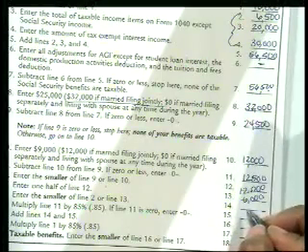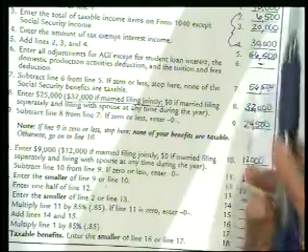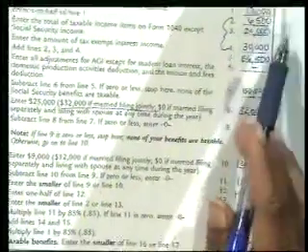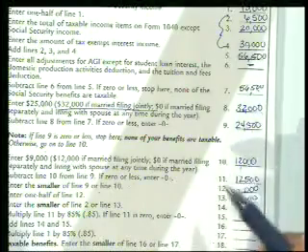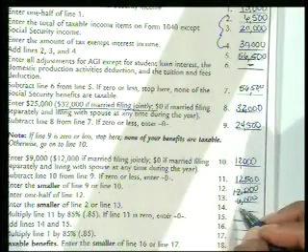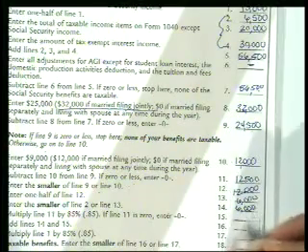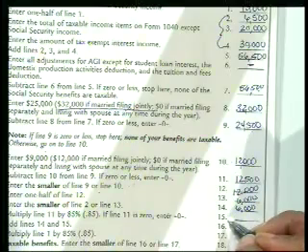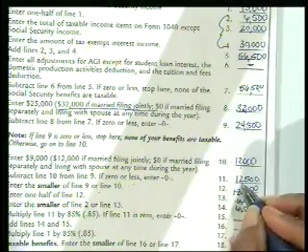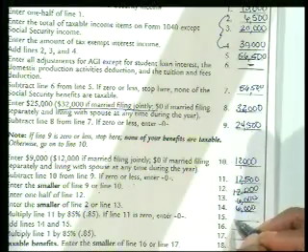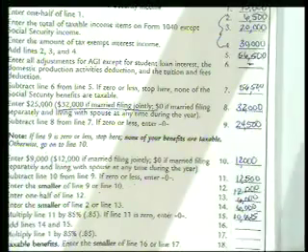Line 14, enter the smaller of line 2, which is half of my benefits, or line 13, the $6,000. The $6,000 is smaller. Line 15, multiply line 11 by 85%, the $12,500 times 85%, and you get $10,625.